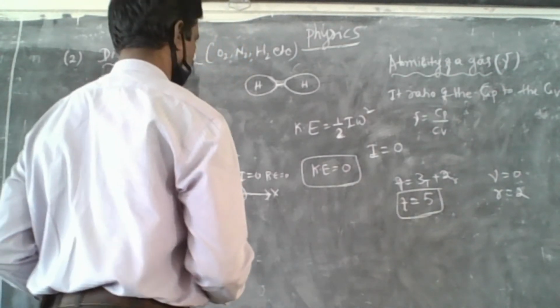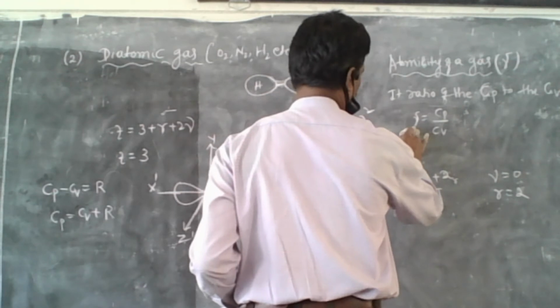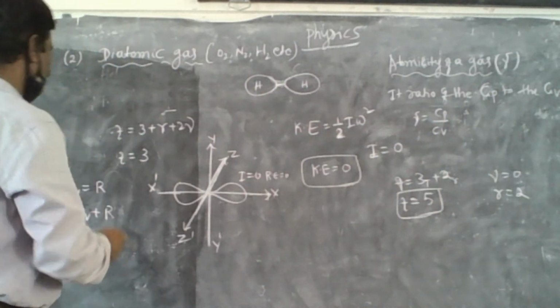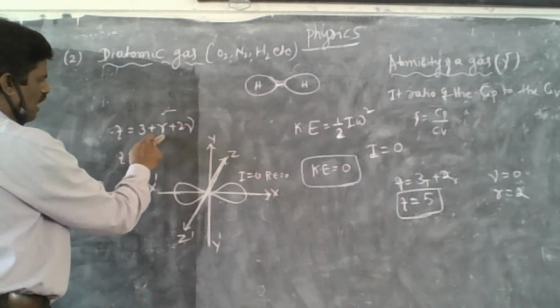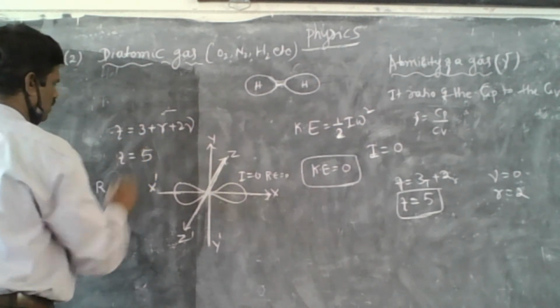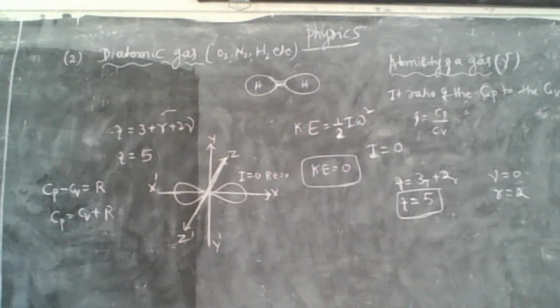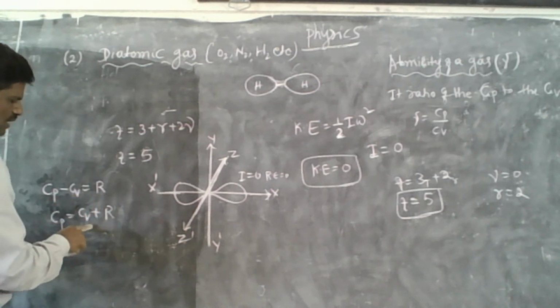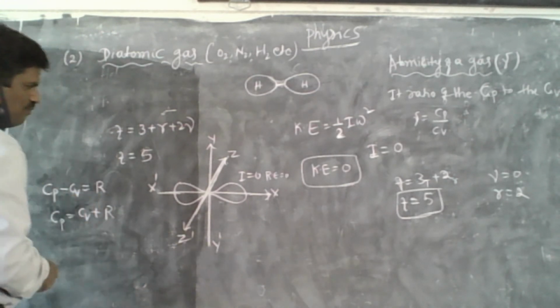We know that gamma is equal to Cp by Cv. Therefore F is equal to 3 plus 2, which is 5. The total degrees of freedom of the molecule is 5. We know Mayer's equation, Cp minus Cv is equal to R, so Cp is equal to Cv plus R.